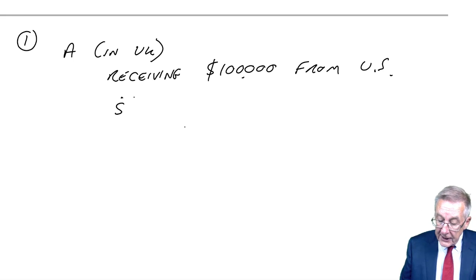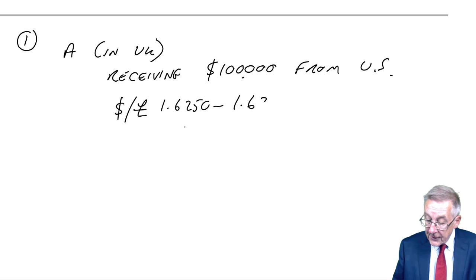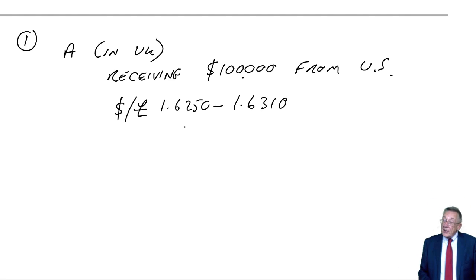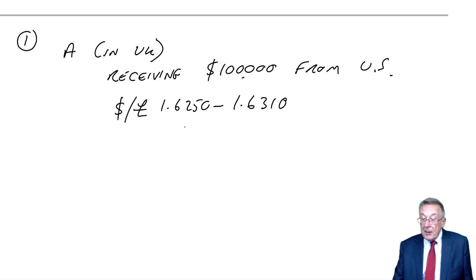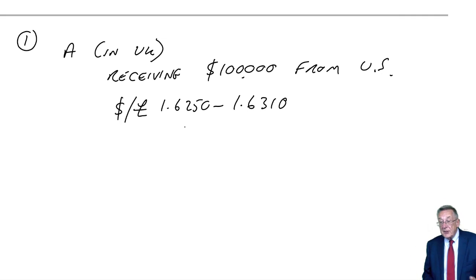The exchange rate is quoted $-pound, 1.6250 to 1.6310. The question is, how are we going to convert and which rate will we use? And these are two separate things. The first is, remember that forgetting the spread for the minute, it's about $1.6 converts to £1.